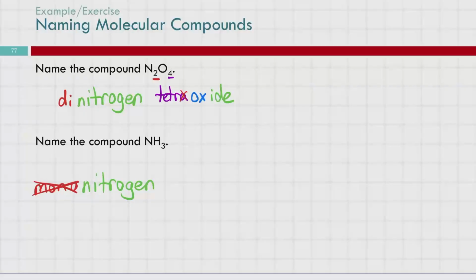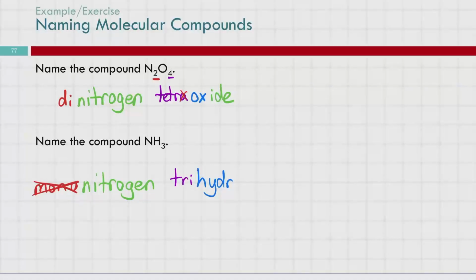What comes after the nitrogen? What's our second thing? H. H is hydrogen. The base for hydrogen is not that, it's this. HYDR, we take off the ogen. How many of those do we have? We've got 3 of them. We put our prefix for 3, tri, like Triforce.